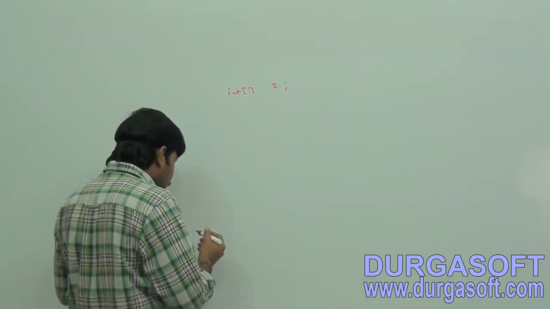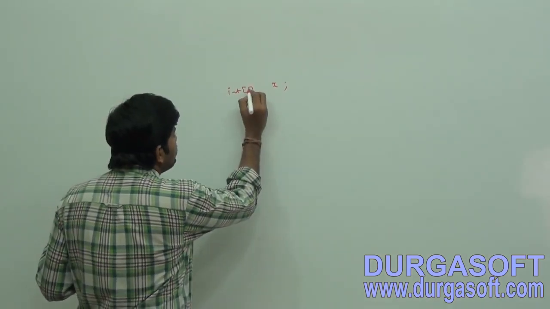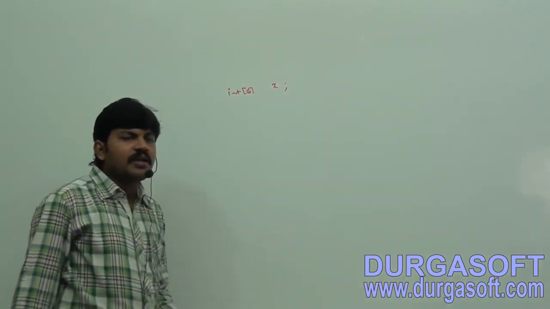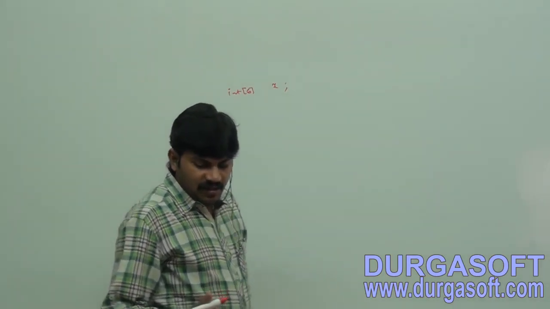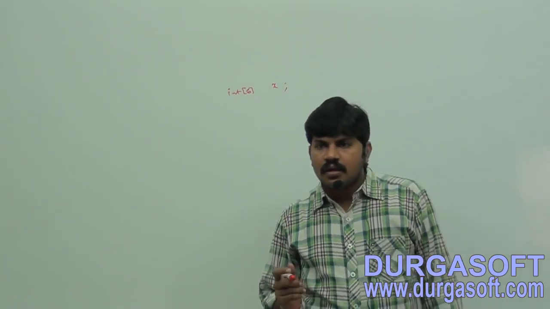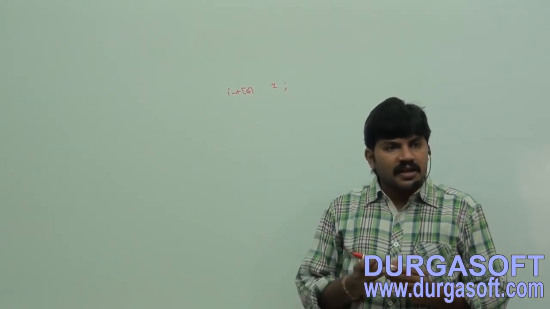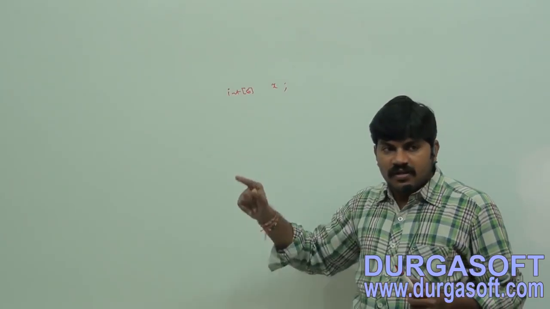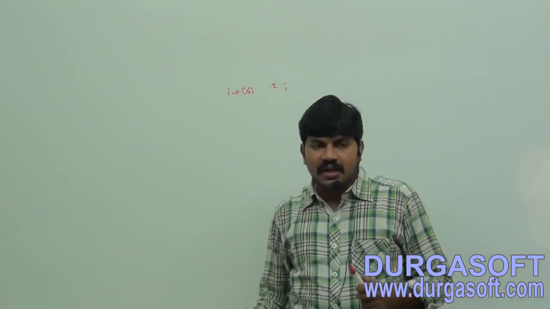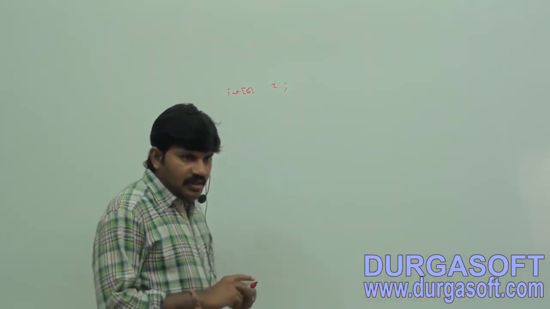Now I want to declare an array with the size 6. Int array of 6 followed by x. Can you tell is it valid or not? For that requirement, I am declaring an array in this style. Acceptable or not?